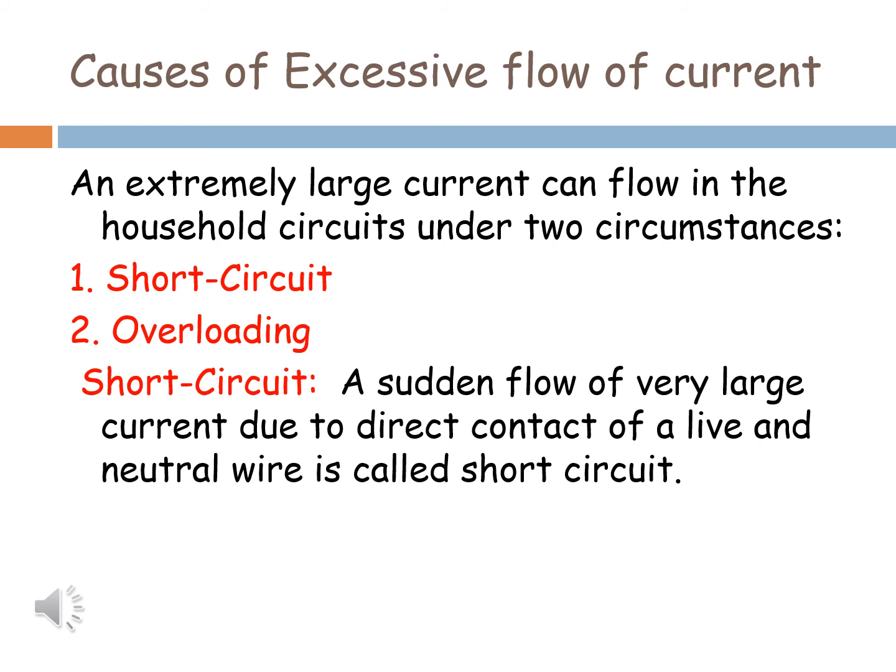Whenever the live wire and neutral wire in any circuit touch each other due to defective or damaged wiring, the resistance of the circuit becomes very low and a large amount of current flows in it. So due to this large amount of current, it leads to short circuit, which can lead to fire also.